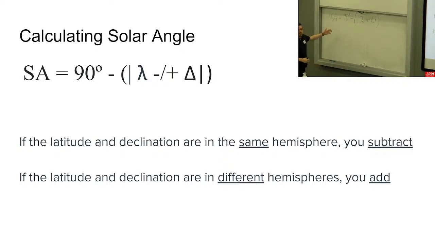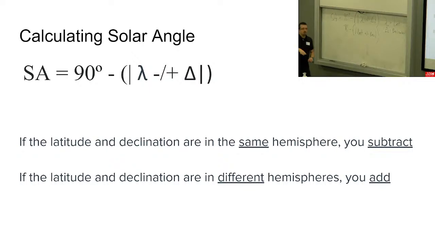Can they easily see this? Yeah, pretty visible. This is a hot mess, so we're going to work this out together. Solar angle equals 90 minus the absolute value of lambda, which equals latitude, plus or minus delta, which equals declination.